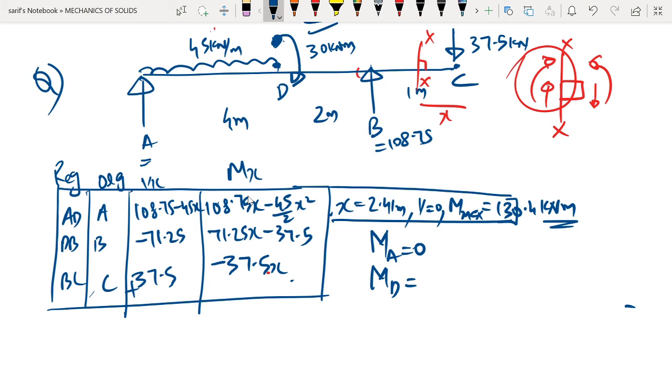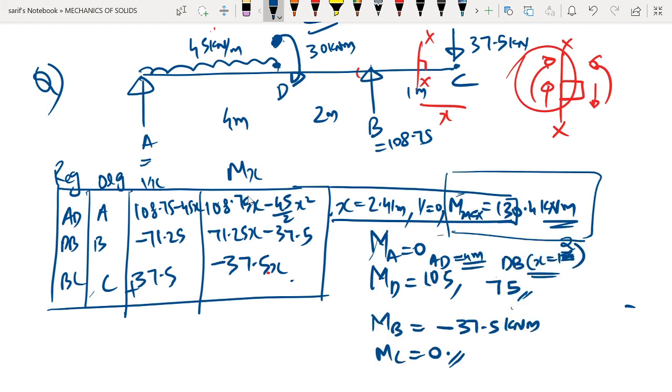The first value can be obtained from the region AD. If we substitute x is equal to 4 meter in the expression for bending moment in the region AD, we will get the first value. Similarly, the salient points of the shear force should also be tabulated.